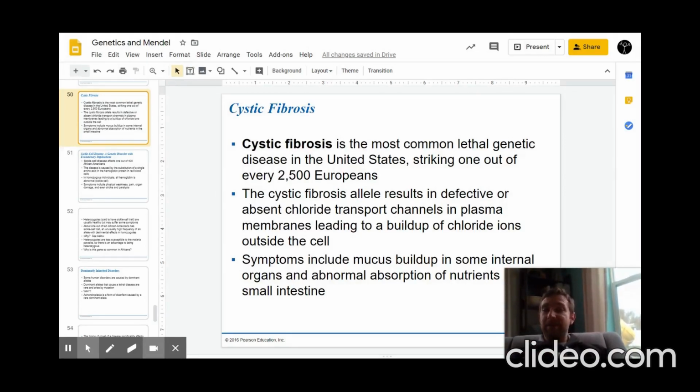However, the reason it's super common among Europeans is a bit of an interesting mystery. Turns out this is an example of what's called heterozygote advantage. In some cases of sicknesses that went through Europe, people who were heterozygotes and only had 50% of their chloride channels functioning to moisten up the mucous membranes in their body could not drown in pneumonia, flood their lungs with water, or have significant quantities of things like diarrhea that the homozygous dominant people did.